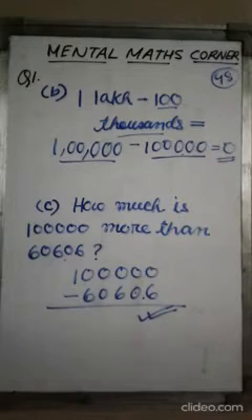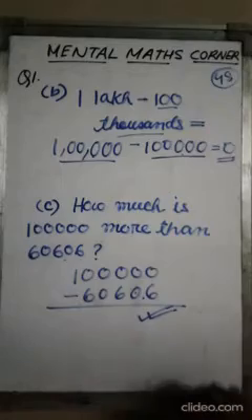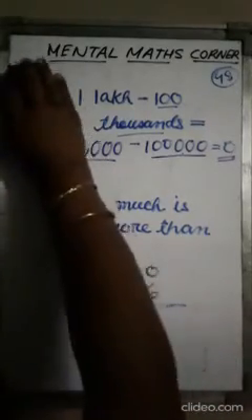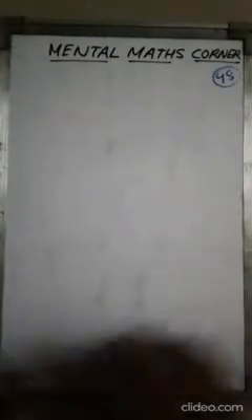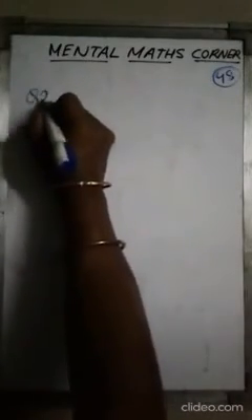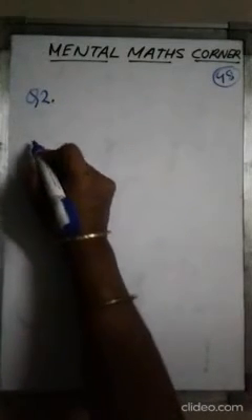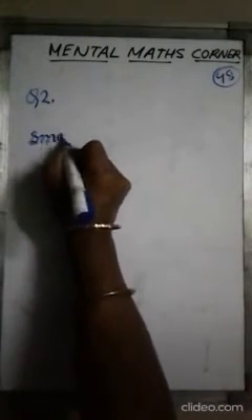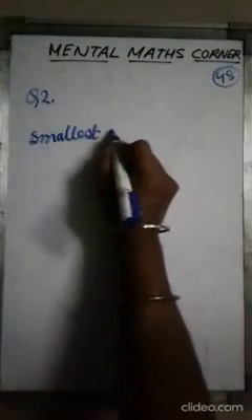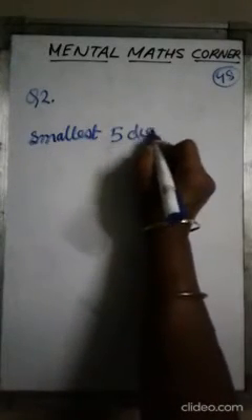Question number 2: the difference between the smallest 5-digit number and the largest 4-digit number.